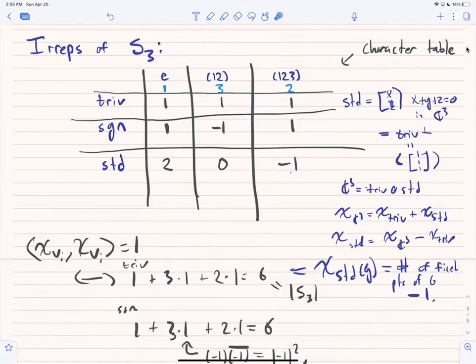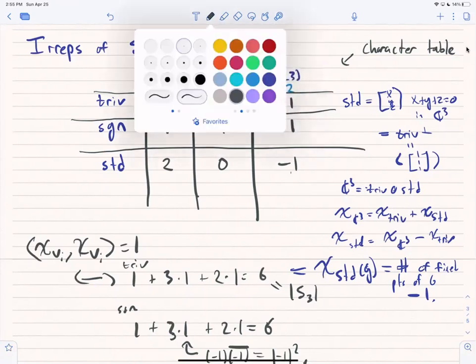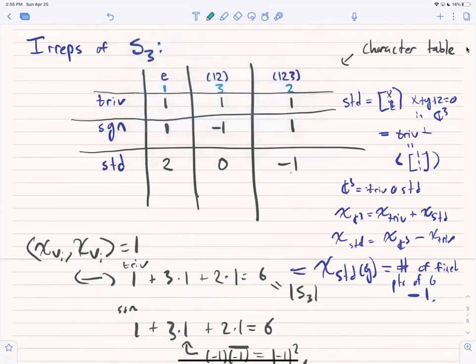And in fact, something similar holds for each of these columns. Let me write this somewhere else actually.